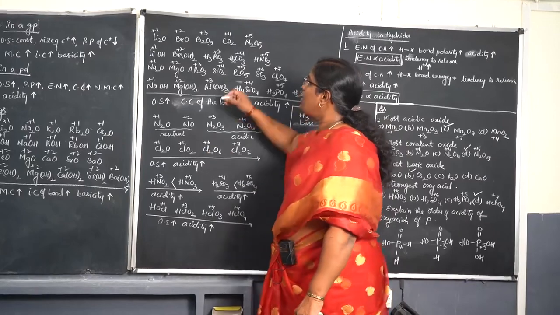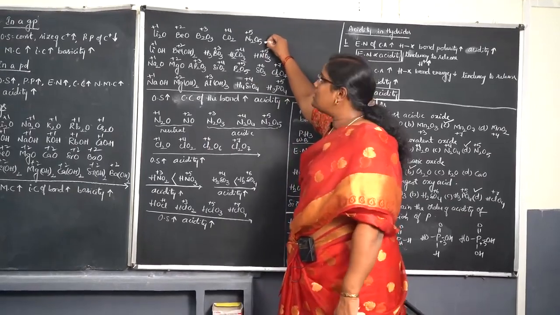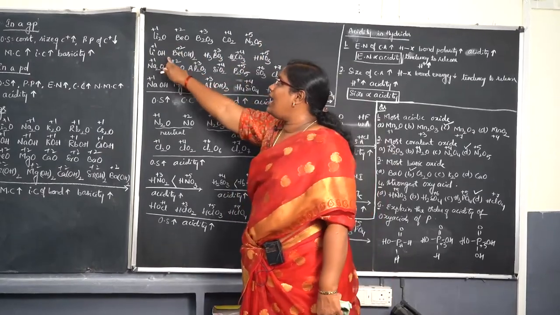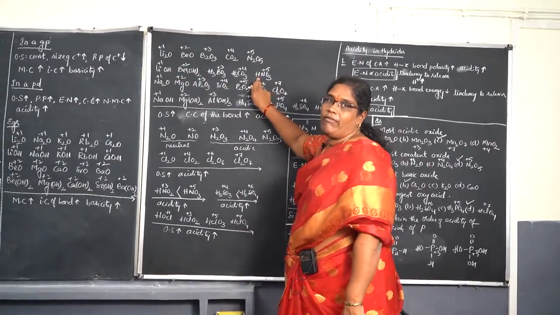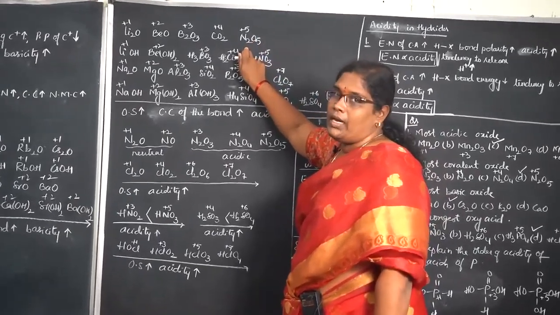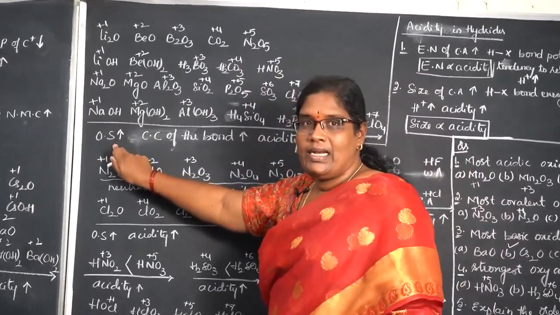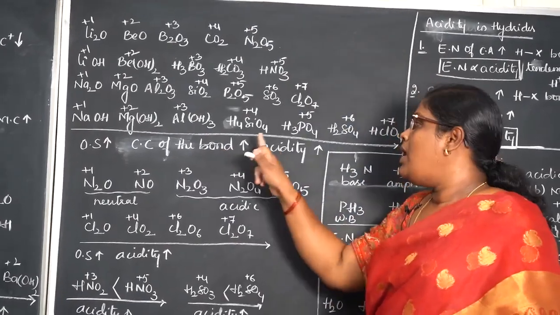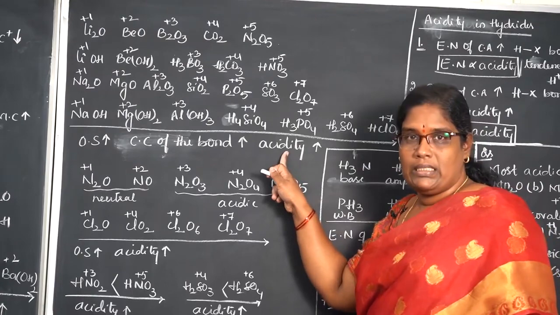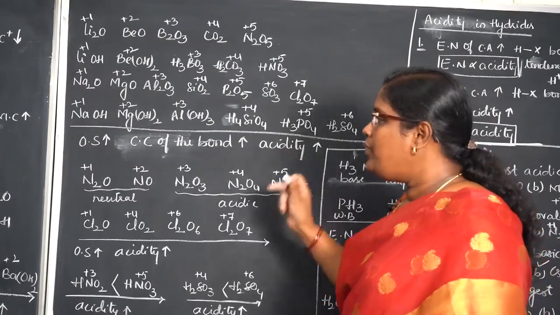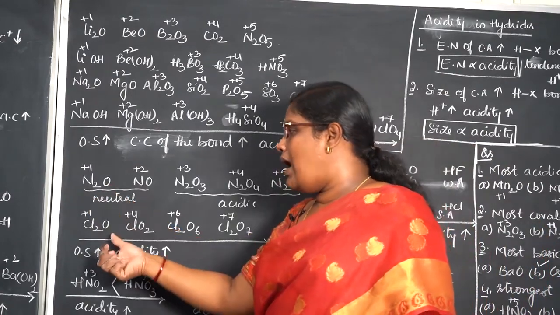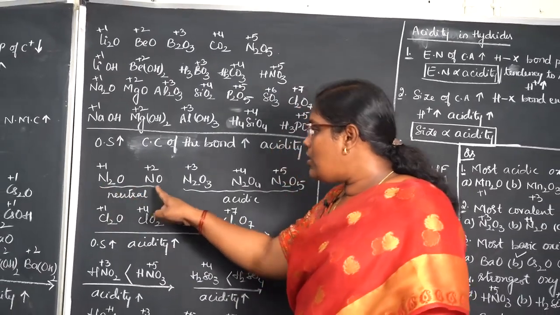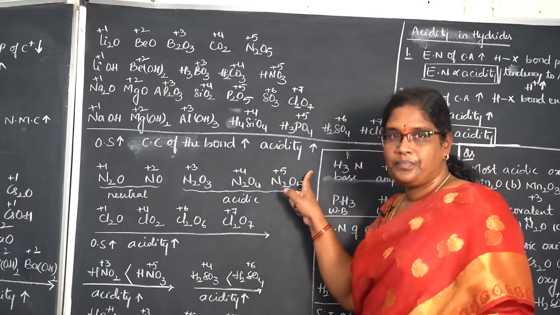Now when we take the period of oxides or the hydroxides, what is the changing factor? Oxidation state. So when the oxidation state increases, covalent character of the bond increases, therefore acidity increases. Now, when we take the oxides formed by a single element, here I am taking the oxides of nitrogen.